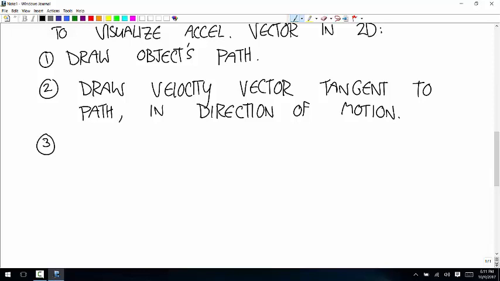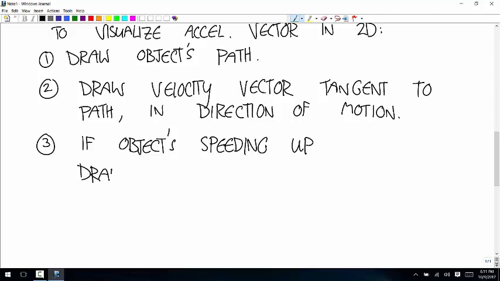Now, third, if the object's speeding up, draw a vector that I'm going to call A parallel. Okay, so because it's parallel to the velocity vector, in the same direction as the velocity vector.